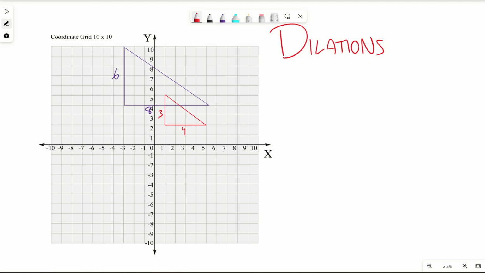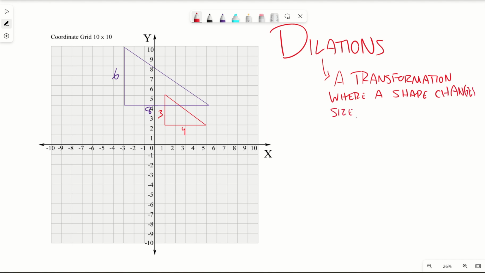Now, a dilation is a transformation where a shape changes size.